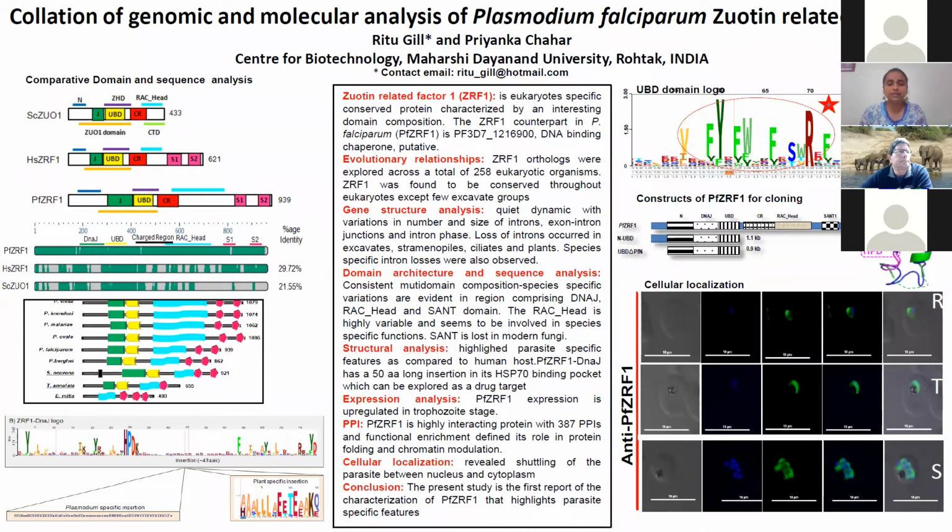The DnaJ domain, the defining feature of ZRF1, displays an approximately 50 amino acid long insertion in the loop region, that is between helix 2 and helix 3, just before the HSP70 binding pocket. Further, these insertions in DnaJ are genus specific or family specific. And this 50 amino acid long insertion was observed throughout all the Plasmodium species. Plant specific insertions were also observed.